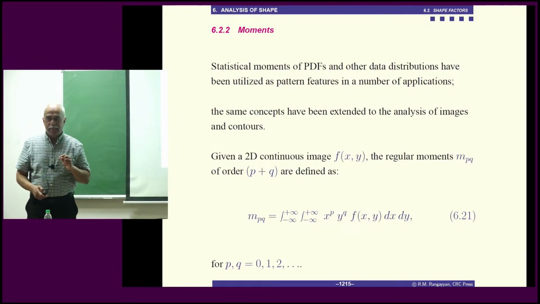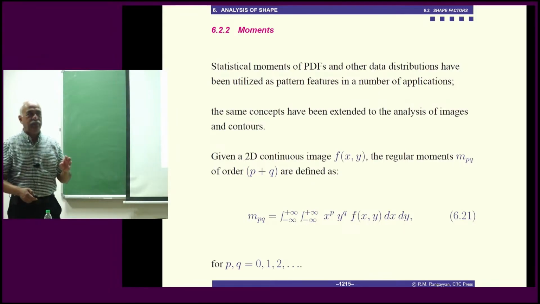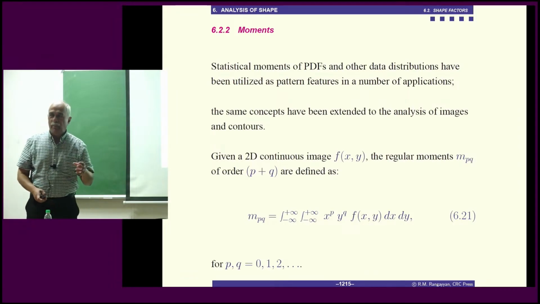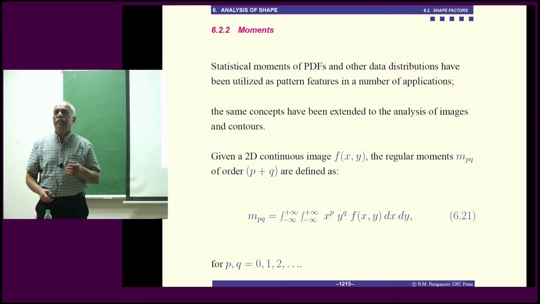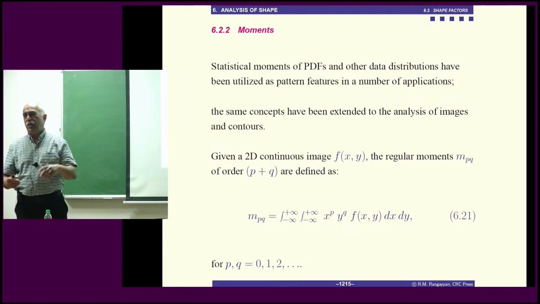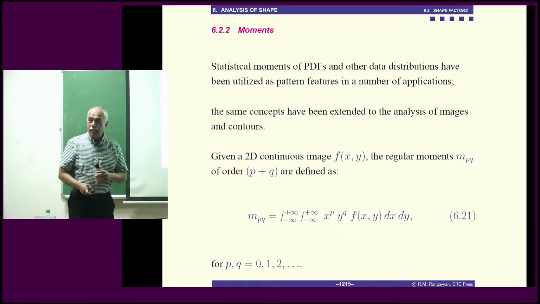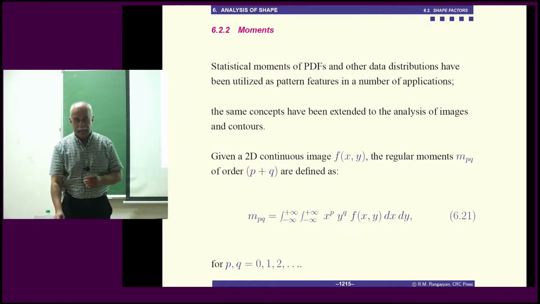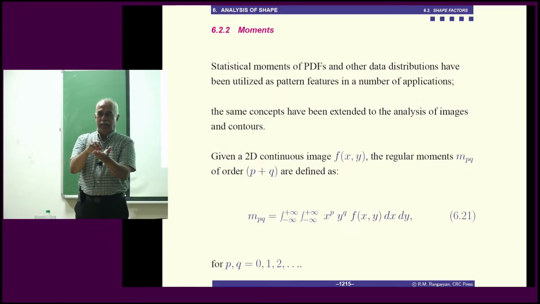Moments of several types have been defined in the literature. Moments of images, moments of PDFs we have seen. Moments of PDFs have mean, standard deviation or variance, and skewness, kurtosis, and all those are higher order moments. But you can also take moments of images. You can imagine the image to be like a plate where each point has a different weight depending on how thick it is.